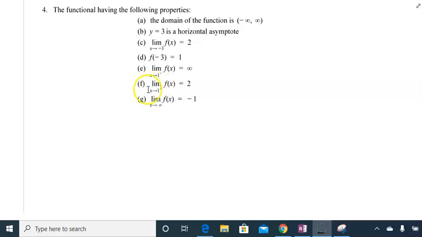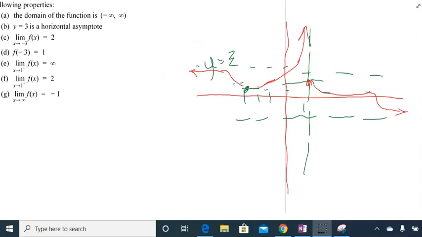The limit as x approaches 1 from the right is equal to 2. The limit as x approaches infinity of f of x is equal to -1. So we have to take all these into consideration to sketch the graph.